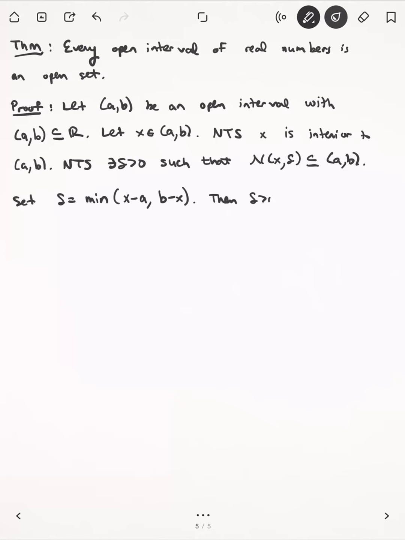Then delta is positive, right? To show that the delta neighborhood of x is a subset of (a, b), let y be an element of this delta neighborhood of x.